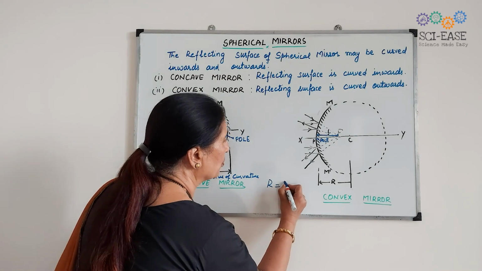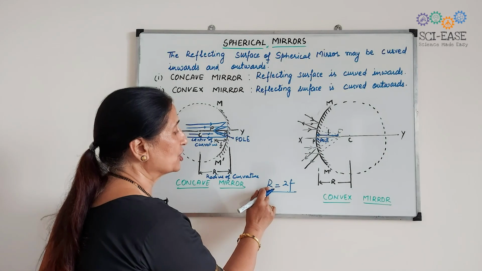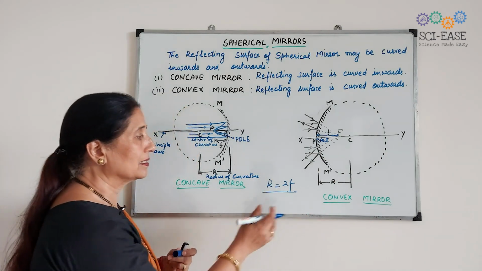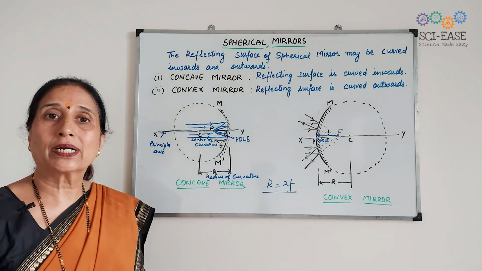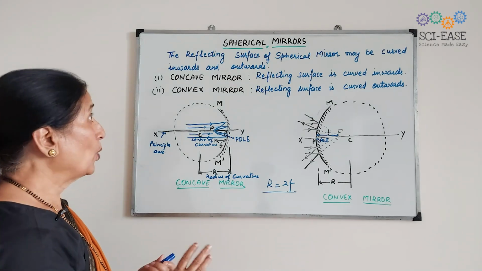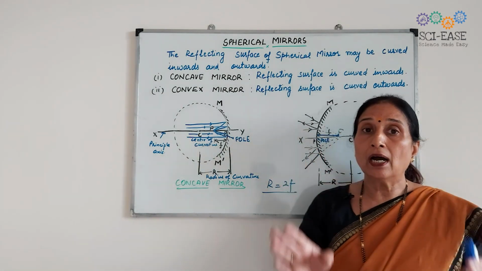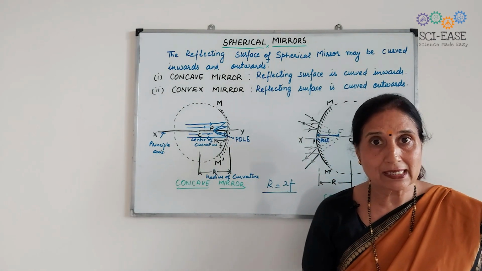R is equal to 2f, that is, the radius of curvature is twice the focal length of that mirror. Okay, so I think the things are clear to all of you. We have done what spherical mirrors are.